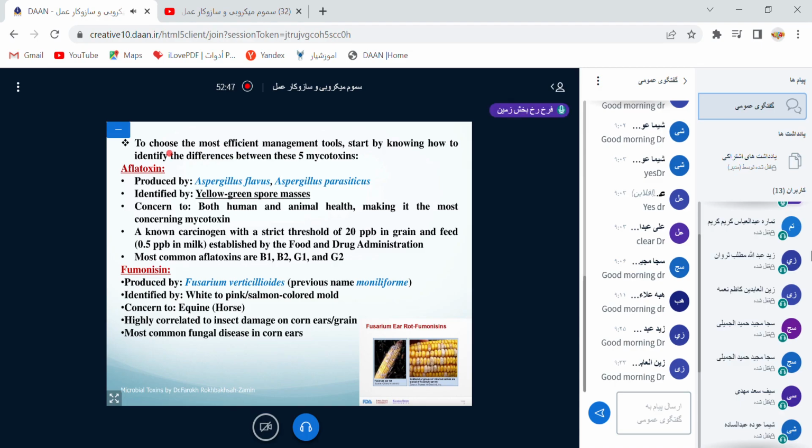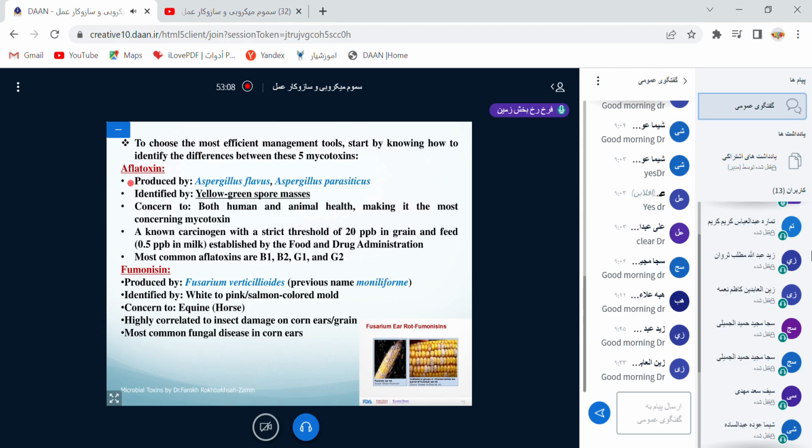To choose the most efficient management tools, start by knowing how to identify the differences between these 5 mycotoxins, which can grow on maize or corn.